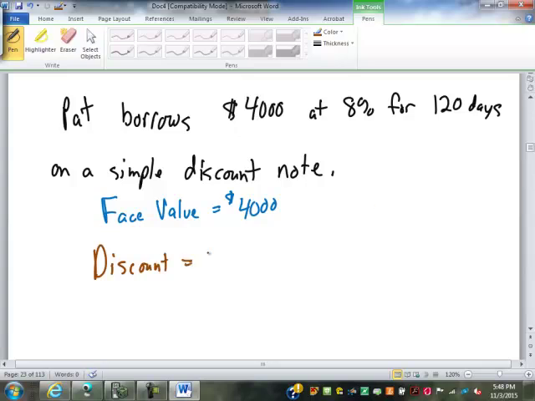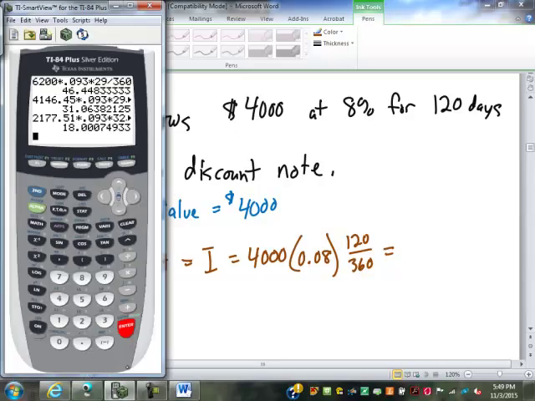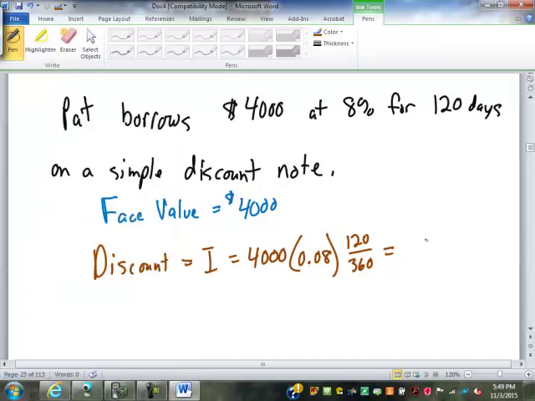The discount is going to equal the interest, which is going to be our principal of $4,000 times our rate, 8% is 0.08, 120 days. Now it does not specify ordinary or exact interest, so we assume ordinary. So our interest is 4,000 times 8% times 120 over 360, giving us $106.67 interest.